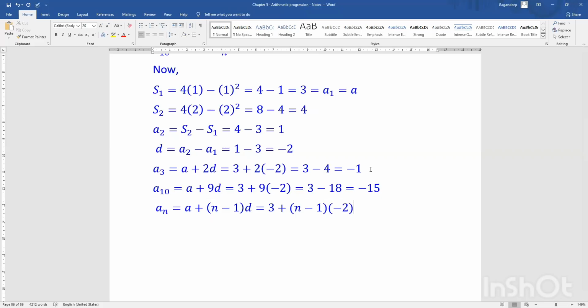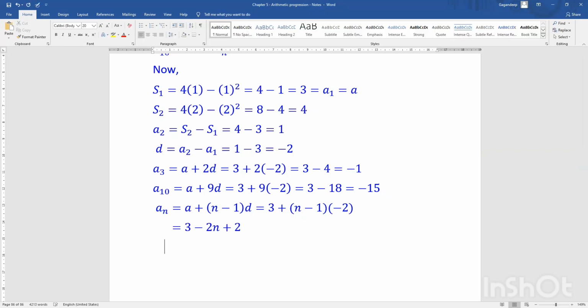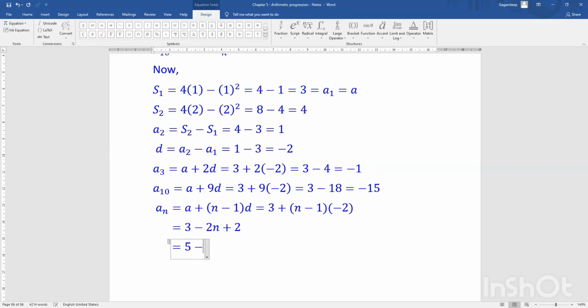Here you'll have 3, and then n into minus 2 is minus 2n, minus 1 into minus 2 is plus 2. So 3 plus 2 is how much, children? It is 5. So 5 minus 2n is our answer.